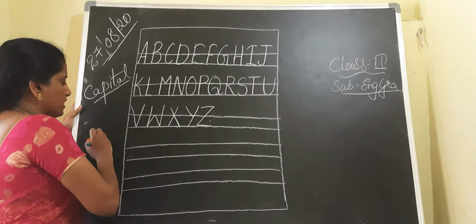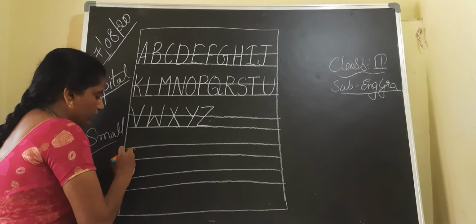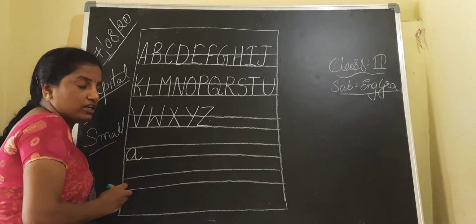Now I am writing the small letters here. See children, A, in between the two lines, touching the two lines.